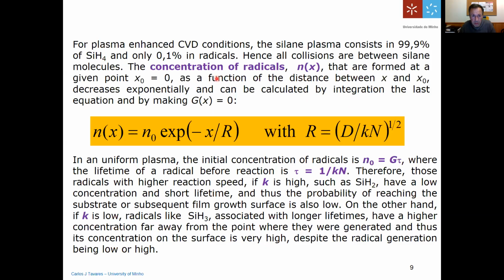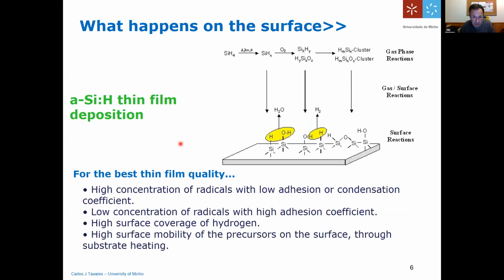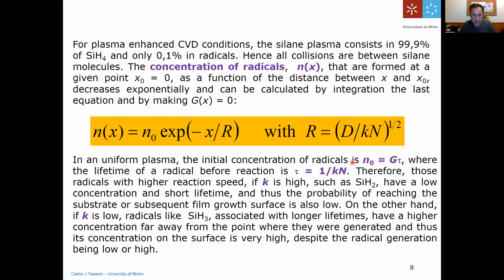So the concentration of radicals, which is this n here from this differential equation, the concentration of radicals that are formed at a given point, if you, for example, start at x equals 0 and continuously calculate the generation of radicals along the x direction, can be calculated by this exponential function, where you have a pre-exponential factor, and in the argument of the exponential we have minus x over r.